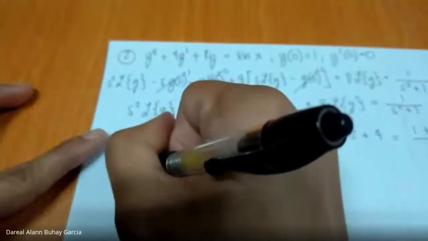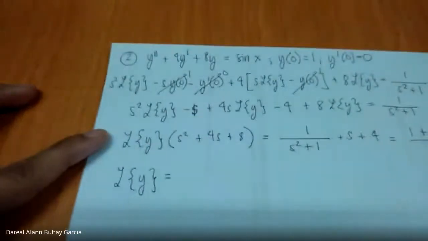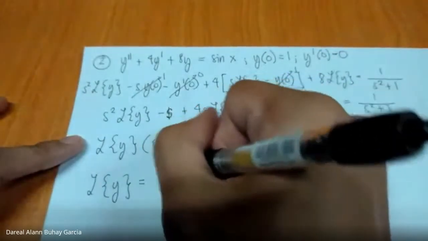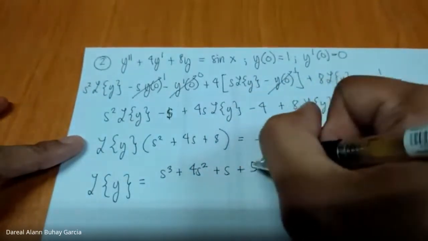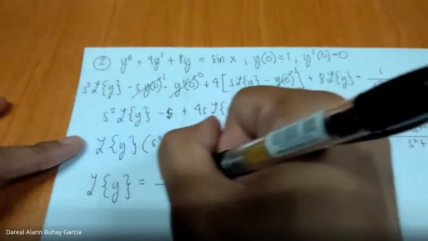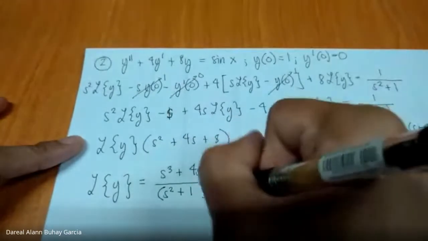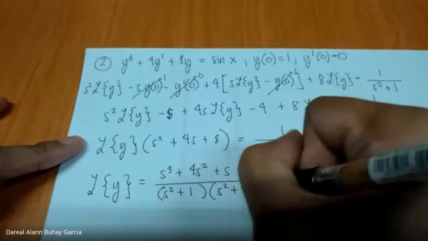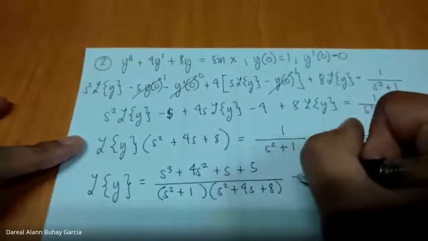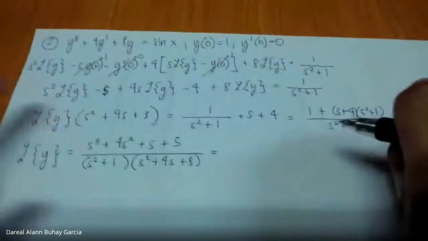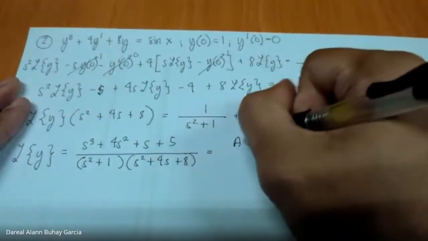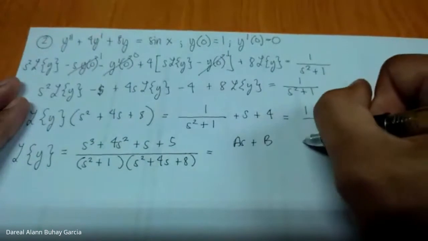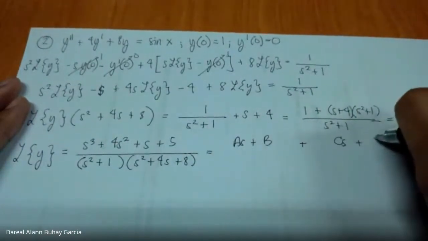The Laplace of y is equal to s cubed plus 4s squared plus s plus 5 all over s squared plus 1 times s squared plus 4s plus 8, which is equal to As plus B over the first quadratic plus Cs plus D over the second.